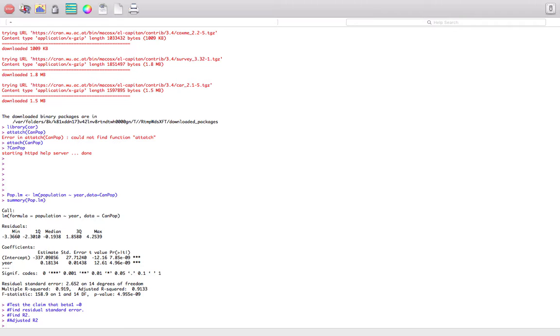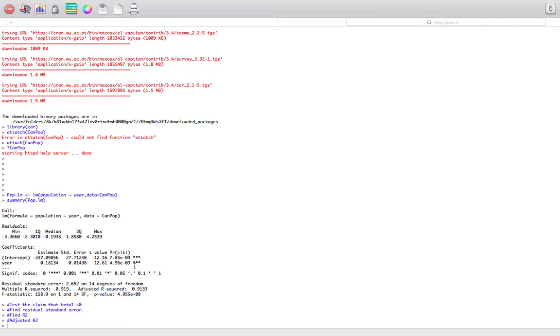So I'm not going to write out the steps for the test. But we would say beta 1 is equal to 0 versus beta 1 not equal to 0. The test statistic we would use would be the p-value 4.96e-09.